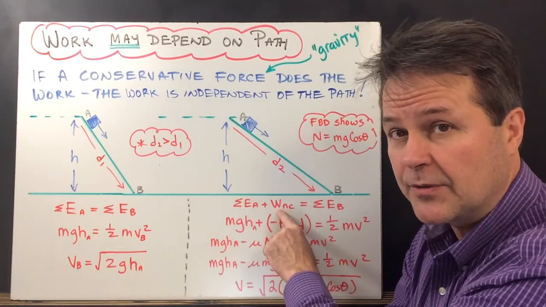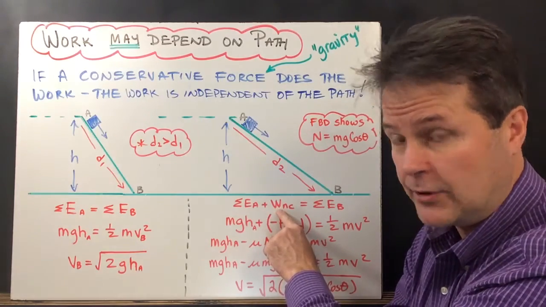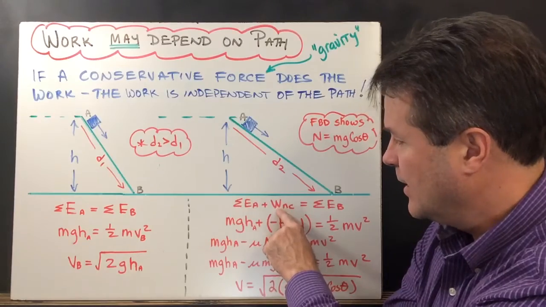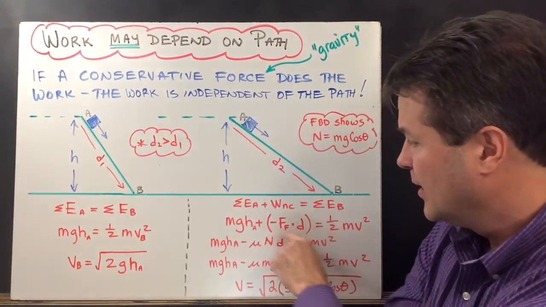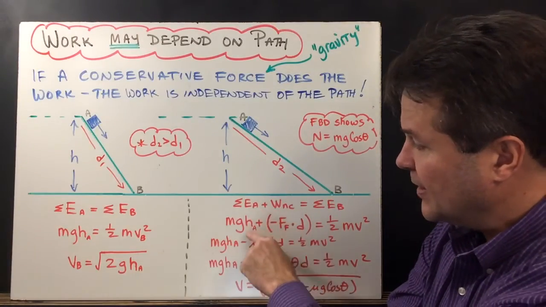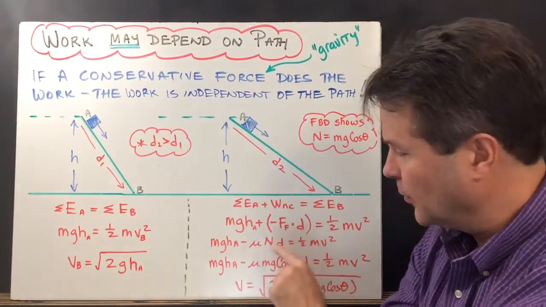Work done by non-conservative forces is in the negative direction, so this will be a negative value. And these two values have to add up to the final energy. So let's expand this. This would be the case for non-conservative forces.